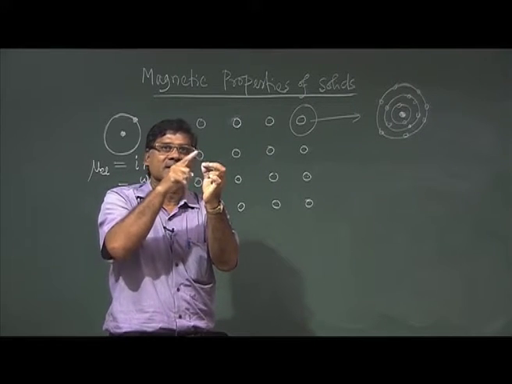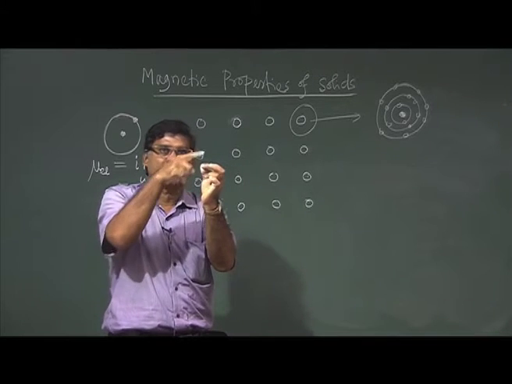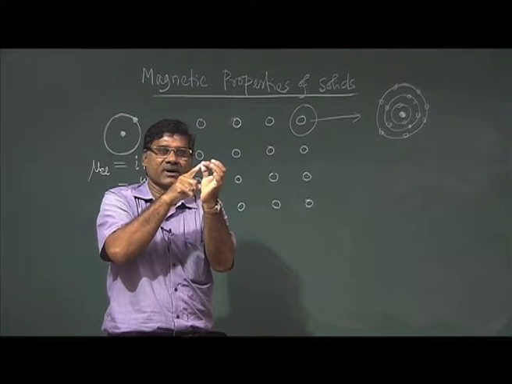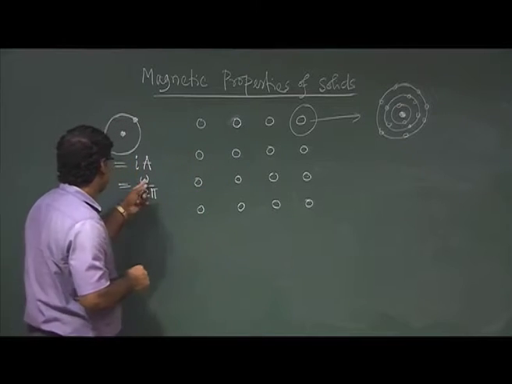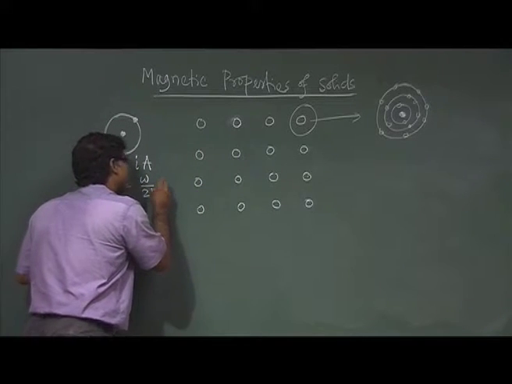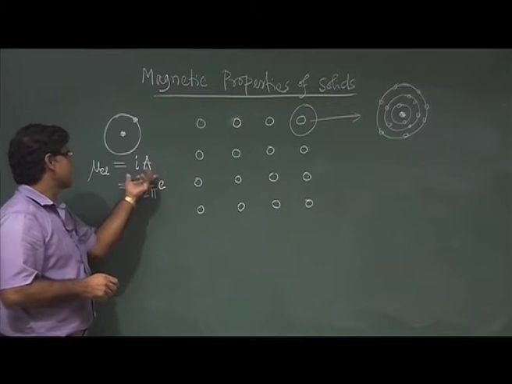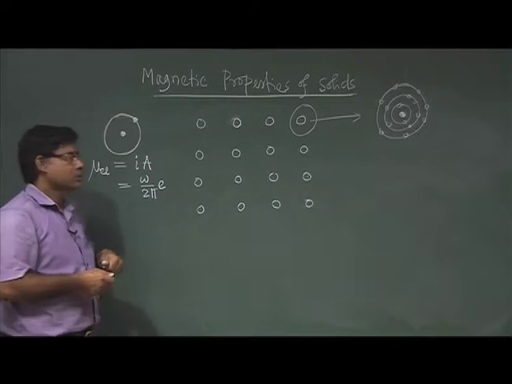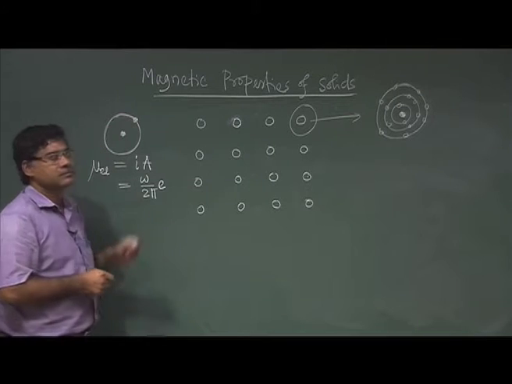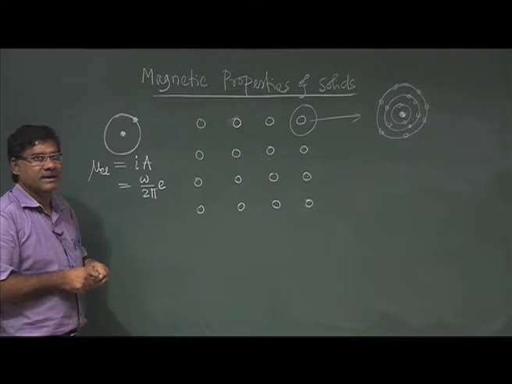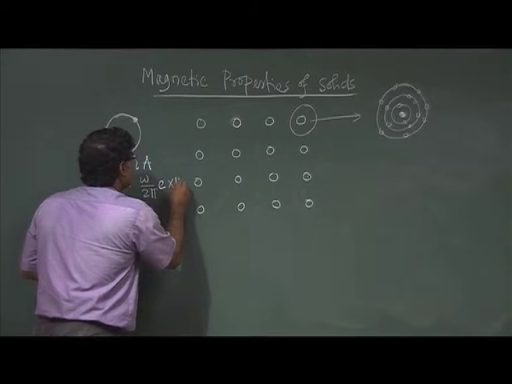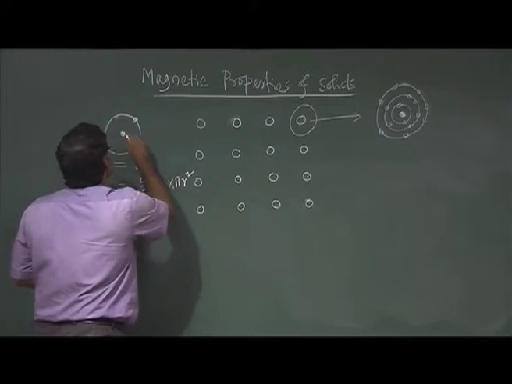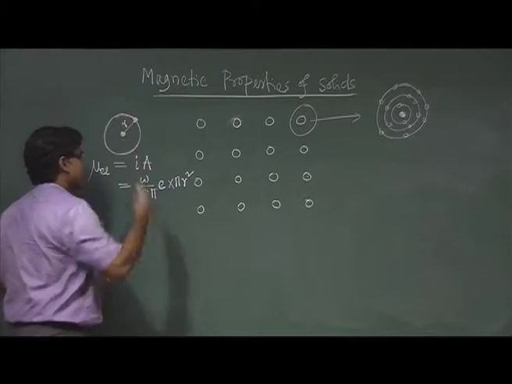If the charge is E, the total charge passing through one point on the orbit is E nu, and nu is omega by 2 pi. So this amount of charge flows through a point on the orbit per second. That is the current, and the area is pi r square, where the orbit radius is r, right.